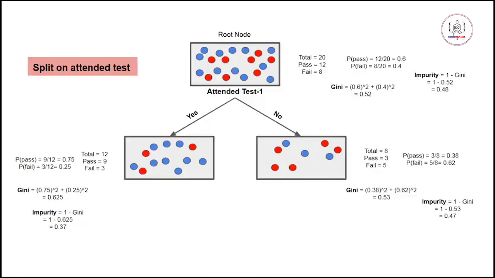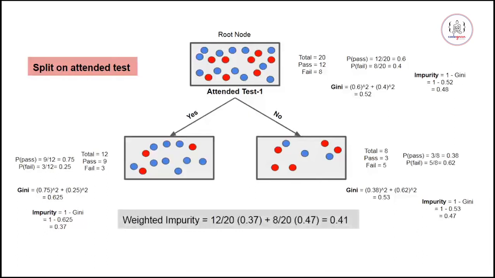Now that we have calculated the impurity of the root node and the impurity of the left subnode and right subnode, you have to calculate the weighted impurity for this split. The weighted impurity is the number of data points in the left subnode divided by the total number of data points, times the impurity in the left subnode, plus the number of data points in your right subnode, which is 8, divided by the total number of data points, which is 20, times the impurity in the right subnode, and it comes out to be 0.41.